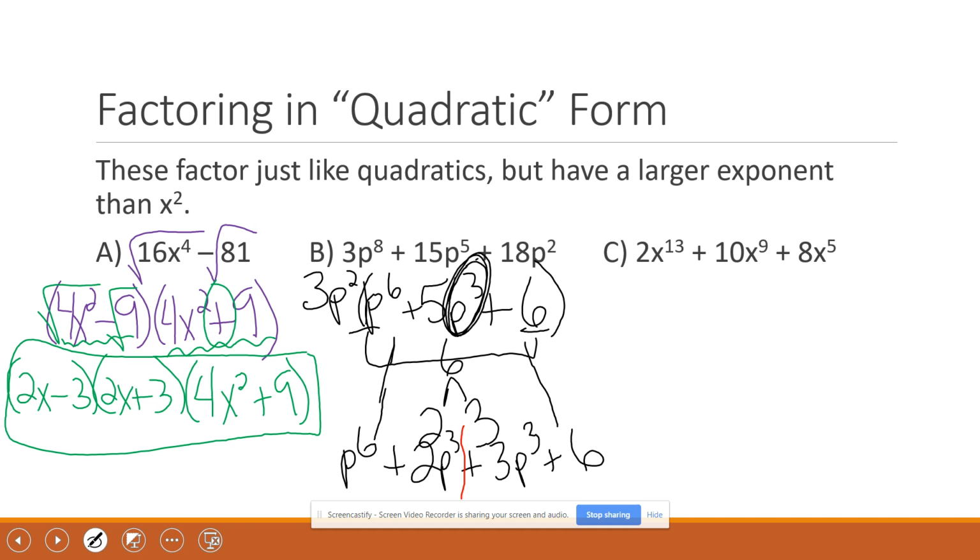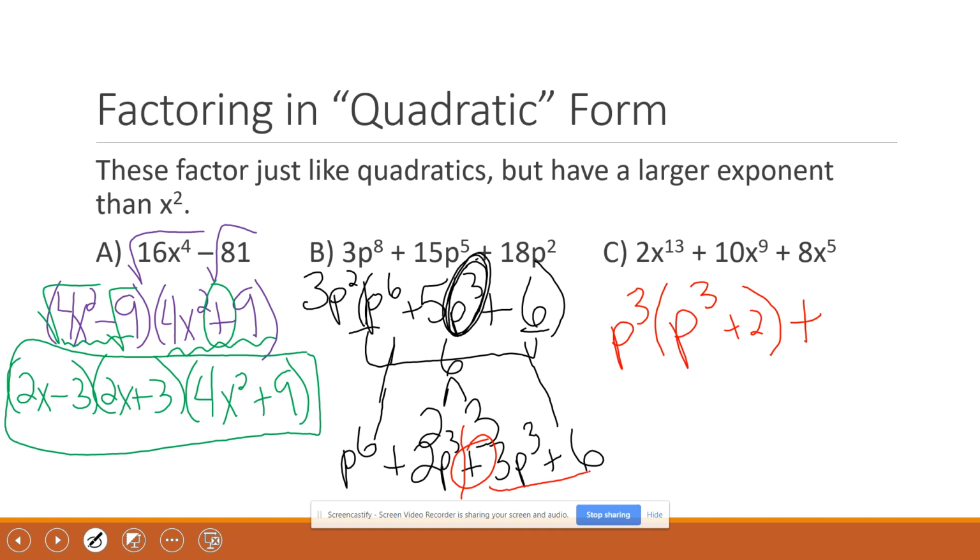The greatest common factor on the left side with p to the 6 plus 2p to the third is p to the third. That leaves us with p to the third plus 2. On the right side, we start with that plus sign.